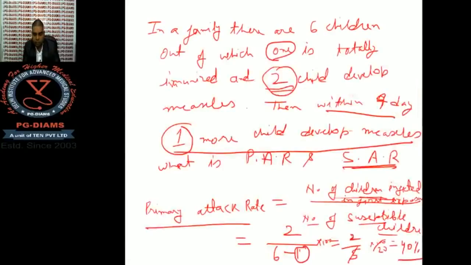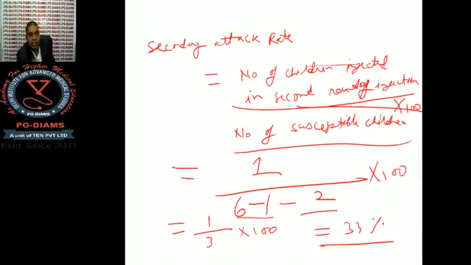You need to solve more questions based on primary and secondary attack rate to bring this concept into your permanent memory. But it's very simple. Primary attack rate is the number of children infected in the first round of infection, or first exposure round, divided by the number of susceptible children into 100, and secondary attack rate is the number of children infected in the second round of infection divided by the number of susceptible children into 100.